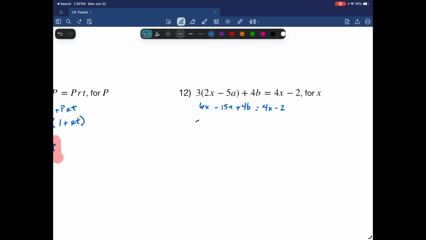So this is going to be 2x equals positive 15a minus 4b minus 2, and then I'm going to divide 15a minus 4b minus 2 over 2. Okay, so that's how you do it.